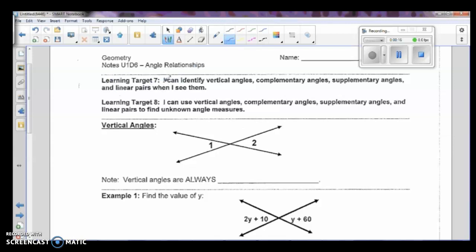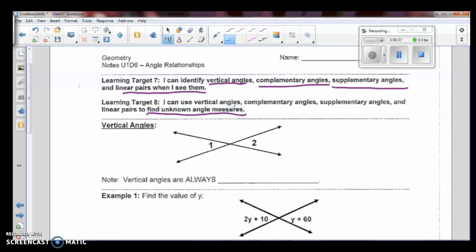So, for learning target number 7, we will take a look-see at vertical angles, complementary angles, supplementary angles, and linear pairs when I see them, and then we will figure out how to use our knowledge of these angle relationships to find unknown angle measures. So basically solve for our variables, and we know how to do that.